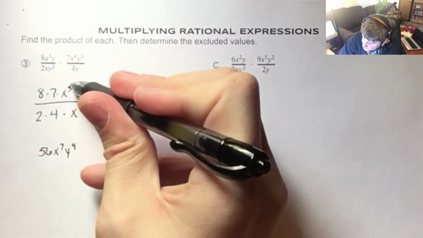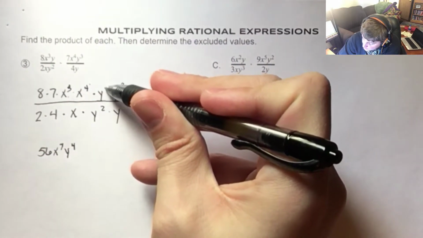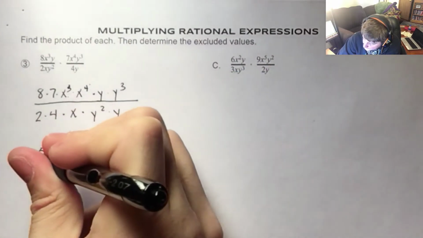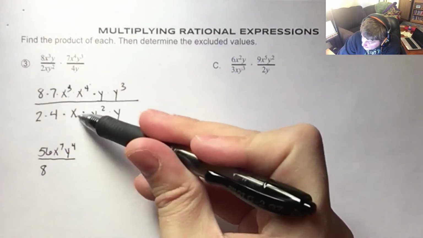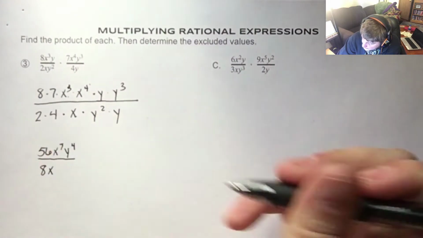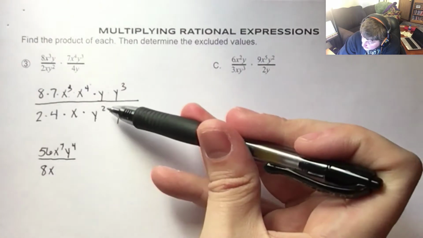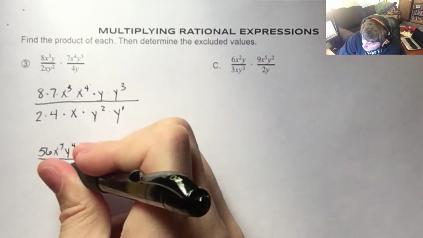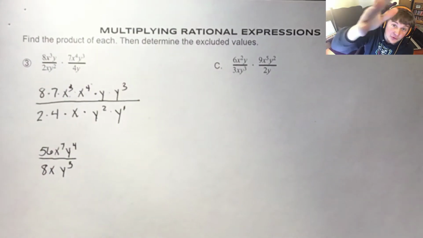All I did here is 3 and 4 added together is 7, and 1 sneaky 1 here, and 3 is 4. Okay, let's go 8 here. X can't be simplified, so we'll just go x, y squared times y to the first. 2 and 1 is 3, so this is y to the third. Now I've handled my multiplication.